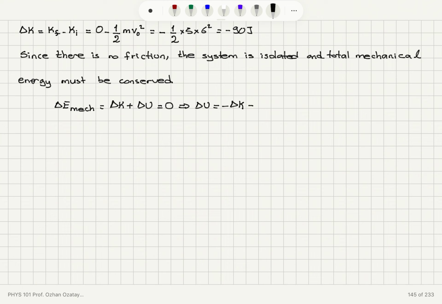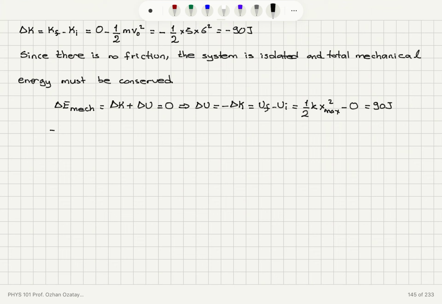So the change in the potential energy, we have initially a relaxed spring. So initial potential energy is 0. Final potential energy is 1/2 K maximum compression X max squared. Initial potential energy is 0. This must be equal to 90 joules because delta K was minus 90.